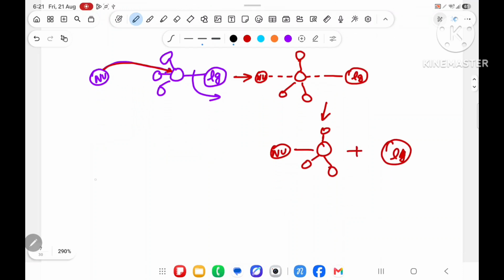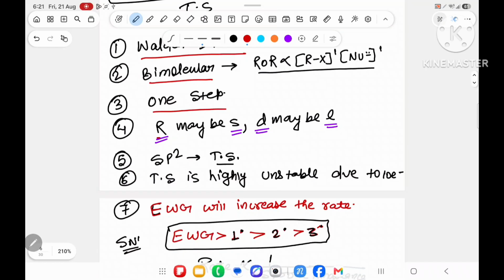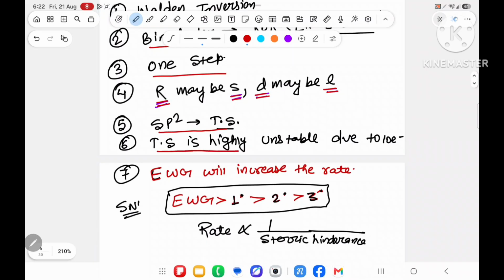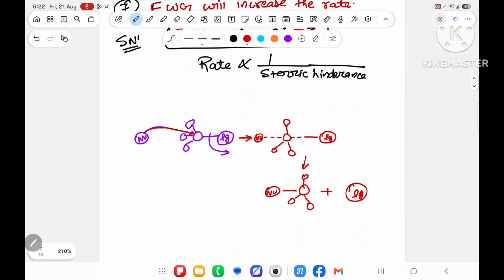Again the first important point is Walden inversion, then bimolecular, then one step, then R may become S or D may become L. sp2 transition state. Transition state is highly unstable due to 10 electrons. An electron withdrawing group will increase the rate, then 1 degree, then 2 degree. Steric hindrance, and this I have dictated to you.